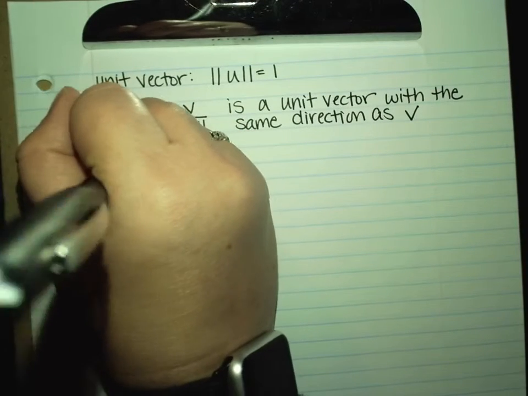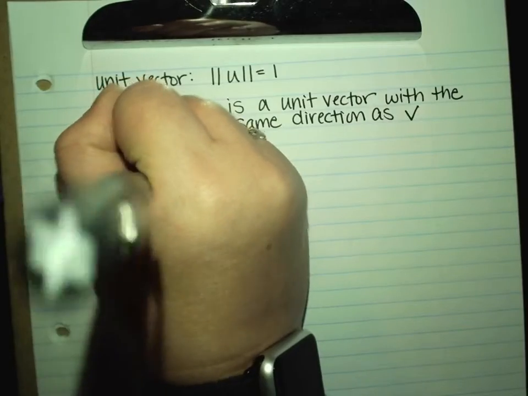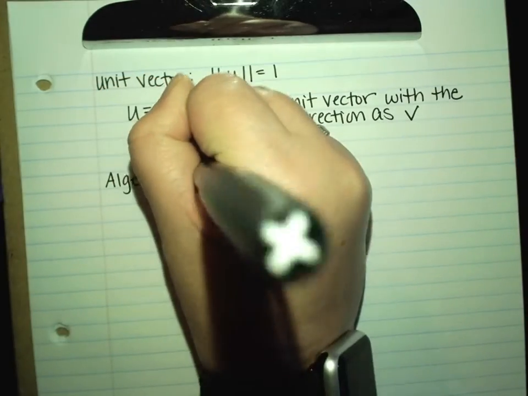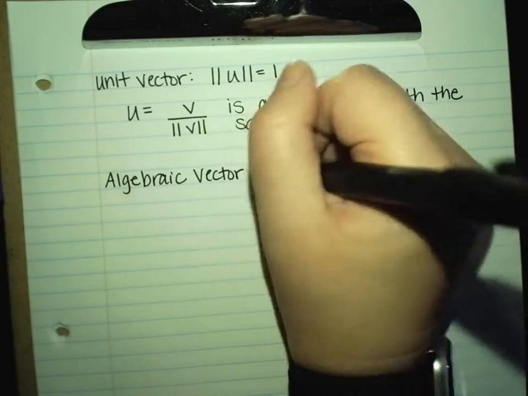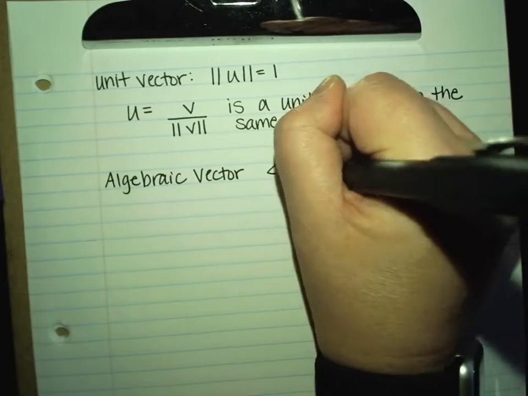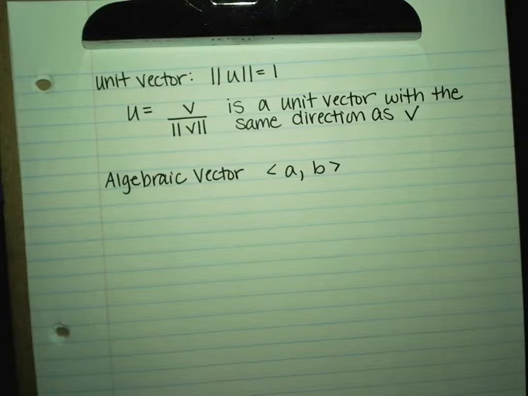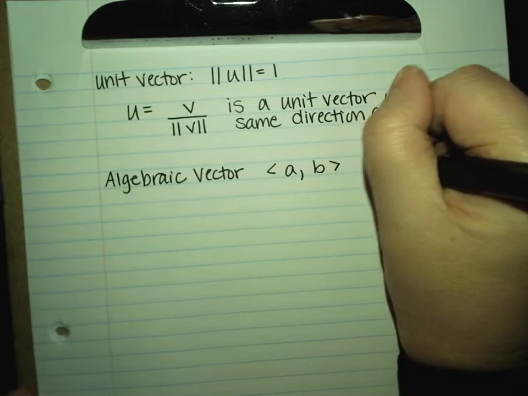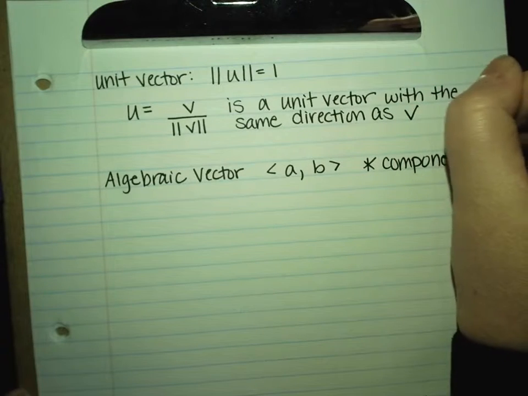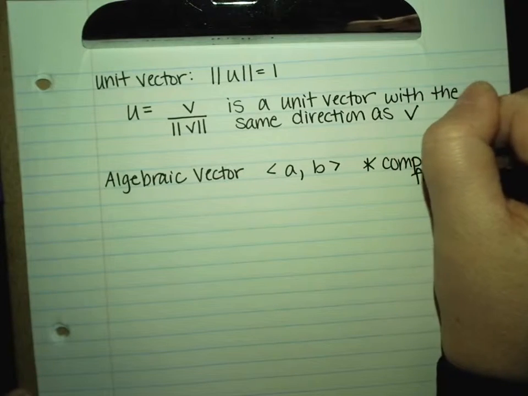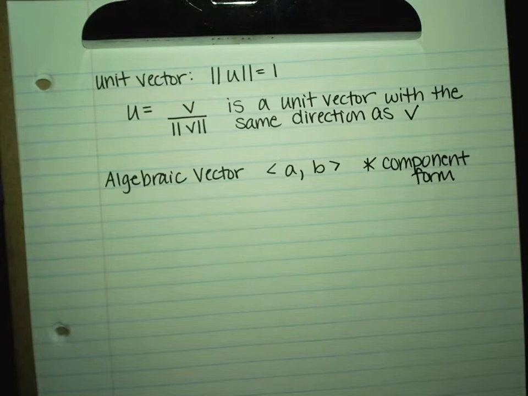Next we have the algebraic vector. This looks like an ordered pair, except we have these little V's on either side. Oftentimes this is called component form, and I'll probably refer to it more as component form than as an algebraic vector.